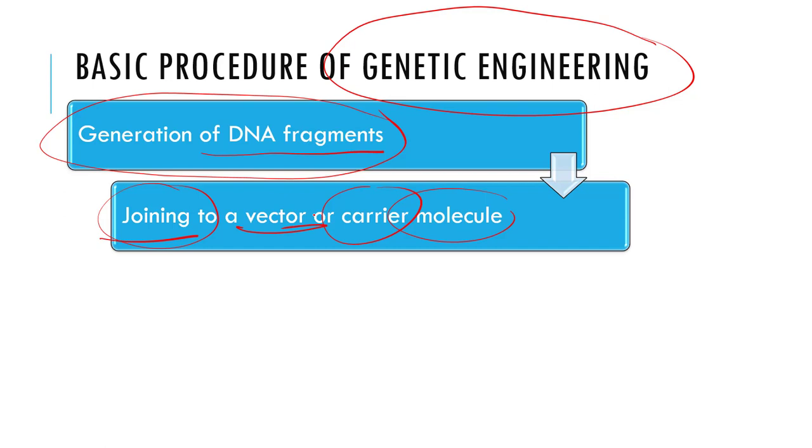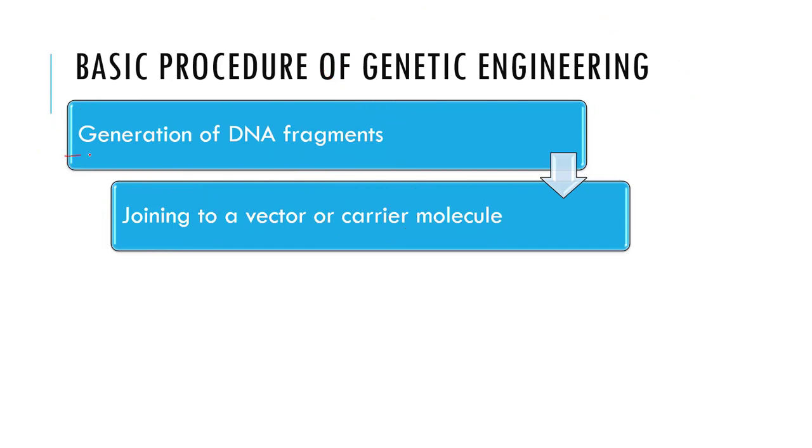So again, in the very first step, we take the DNA, obviously DNA from the organism in which we are interested. And as you know, the DNA of an organism, especially a higher organism like an animal or a plant, is a huge amount of DNA.